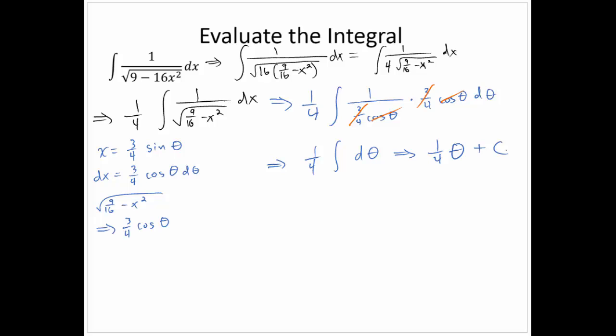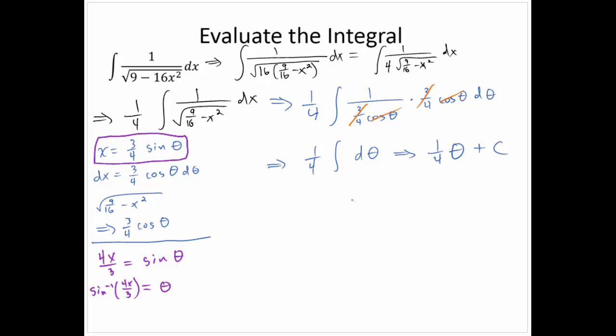All right, well, now I've just got to get this back in terms of x. I just need theta. This doesn't have any sines or cosines or any trigonometric functions attached to it. So if I go back to the fact that x is equal to 3/4 sine theta, then multiplying through by 4/3, I'd have 4x over 3 is sine theta, and then theta would be sine inverse of 4x over 3.